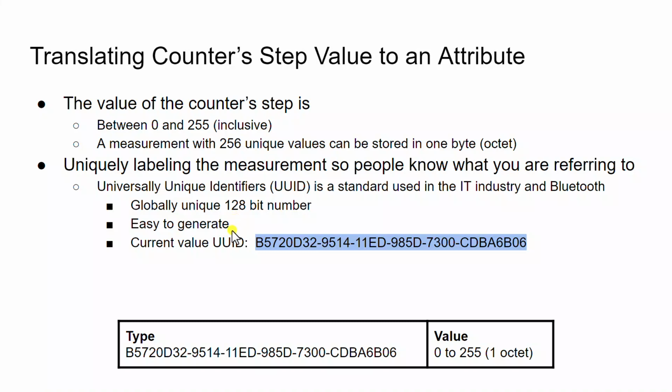It's easy to generate. There are a lot of utilities. You can type uuid at the Linux command line. It'll generate one, and they're randomly generated, and they're said to be quote-unquote guaranteed unique because it's such a large number that if you have a good random number generator, it's extraordinarily unlikely anyone will ever generate that number again. So I did that.